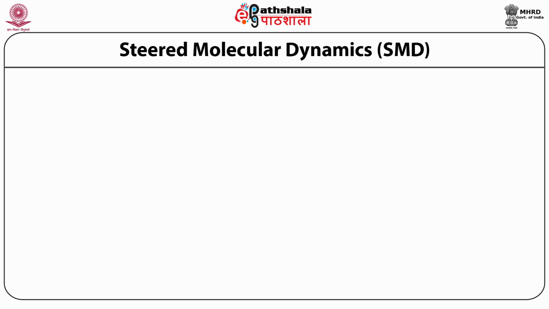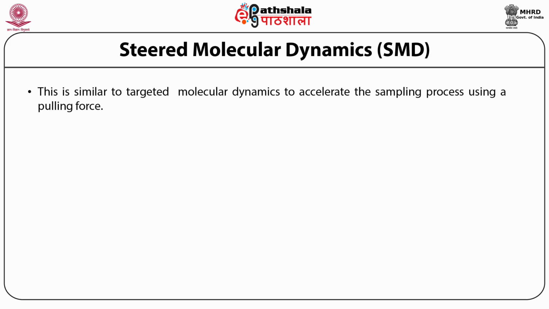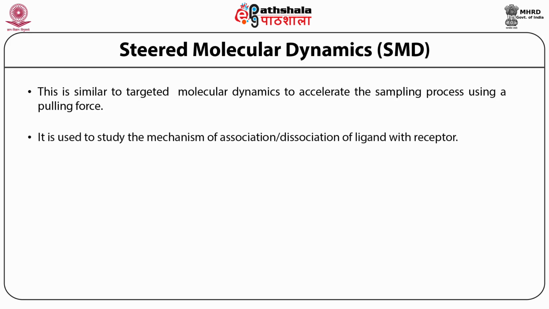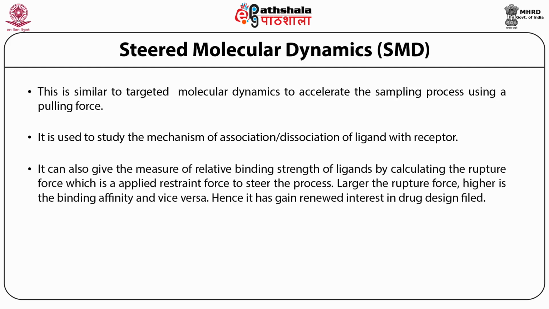Steered molecular dynamics. This is similar to targeted molecular dynamics, which is used to accelerate the sampling process with the help of a pulling force. It is used to study the mechanism of association-dissociation of ligands with receptor. Here we can see the process of binding of ligands to the receptor. It can also give the measure of relative binding strength of ligands by calculating the rupture force, which is the applied restraint force to steer the process.